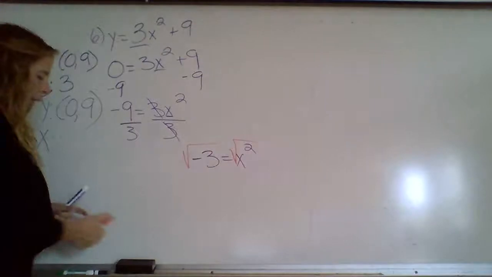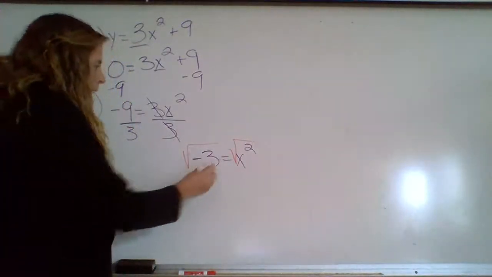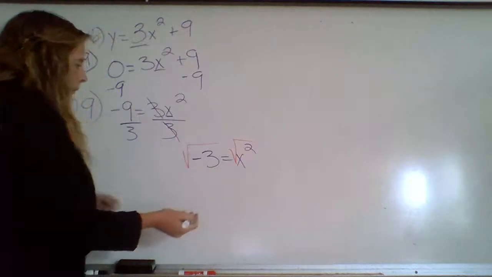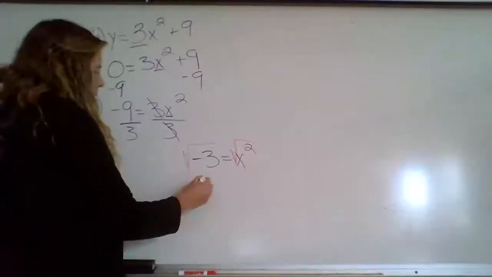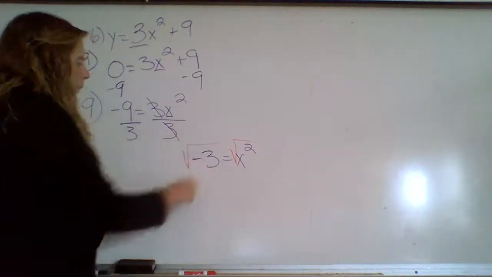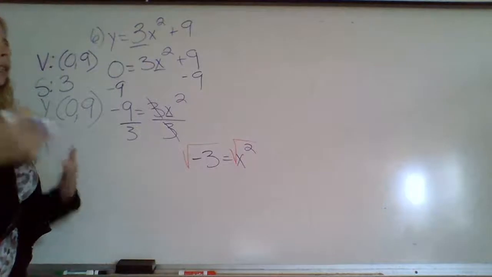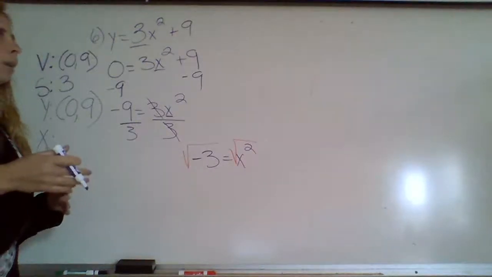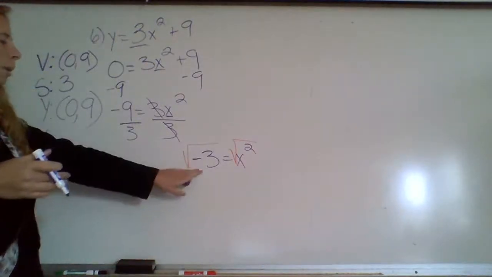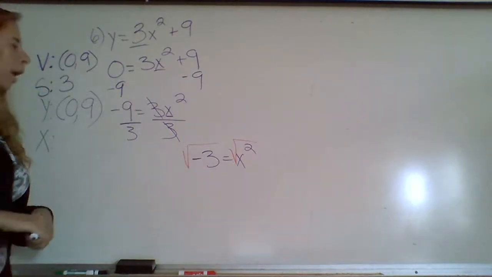Well, I can take the square root of x squared. It's going to be x. But I cannot take the square root of a negative number. This is not going to be a real number. The square root of negative 3 is an imaginary number. We're not dealing with that.